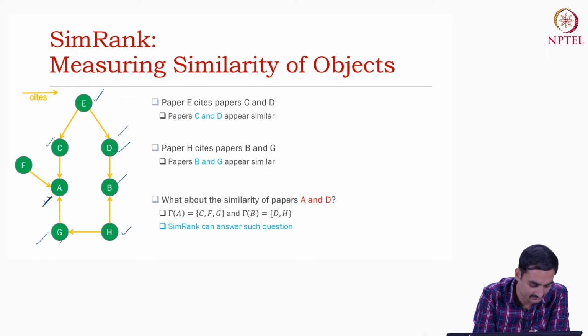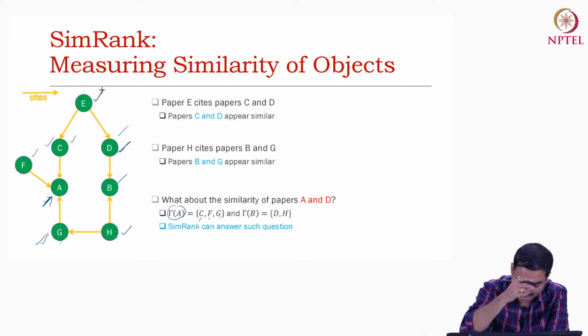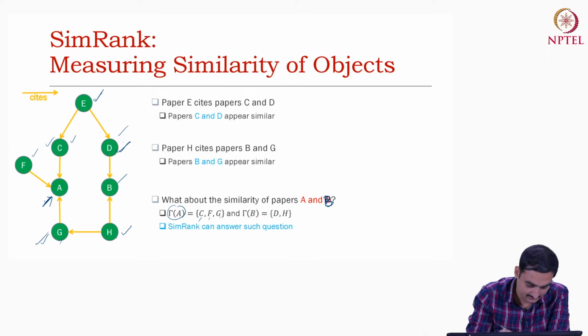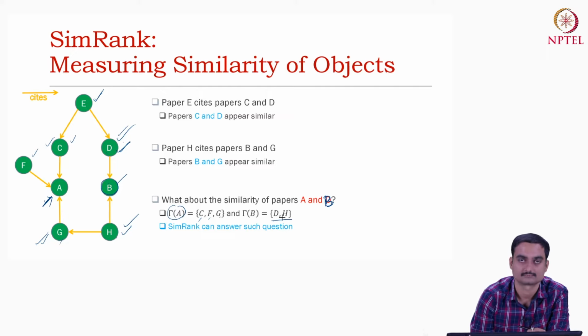If you look at the papers citing A, you have C, F and G. So the neighbors of A are C, F and G, but the neighbors of B are D and H. Sorry, this is A and B. So there is no neighborhood intersection.